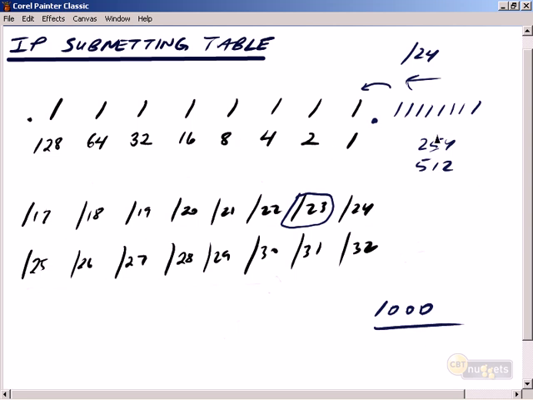It's not rocket science. So that's not going to do it for us. 512 is not enough. But if you double it again and you supernet up here at this bit, that's going to be 1,024. Well, that's enough.